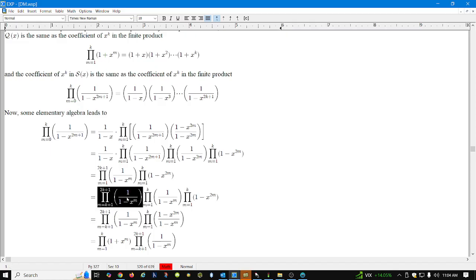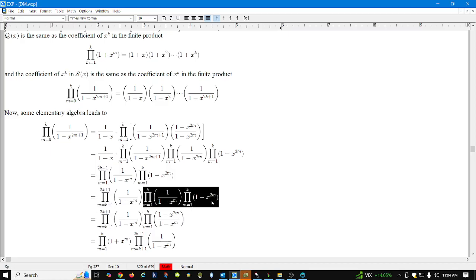And the reason I put this upper part of the product here in front, so I just duplicated it here. But look at this other part. M goes from 1 to k in both cases, but I have 1 minus x to the 2m divided by 1 minus x to the m.